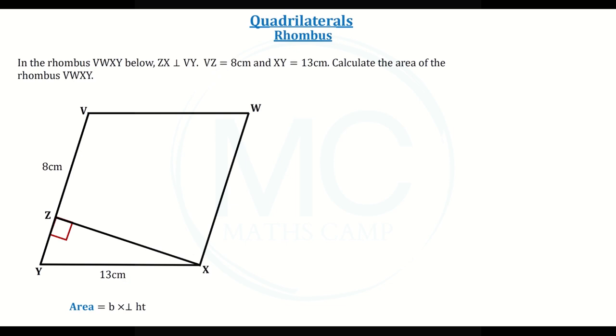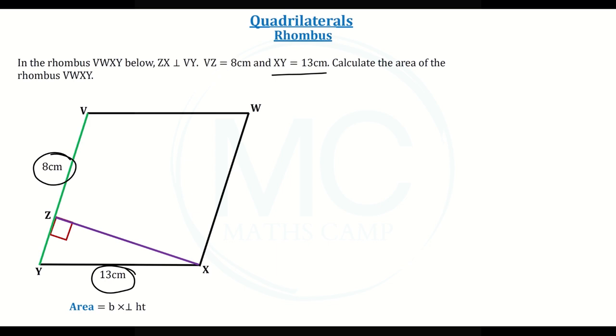This angle lies between VY, one side of the rhombus. This is our base, so let's make it green. The other side is our perpendicular height, so let's make it purple. And now please be very careful here. We can see that VZ is 8 centimeters long, but this is only a section of the base VY. The question tells us that XY is 13 centimeters, and we can see it on the diagram as well.